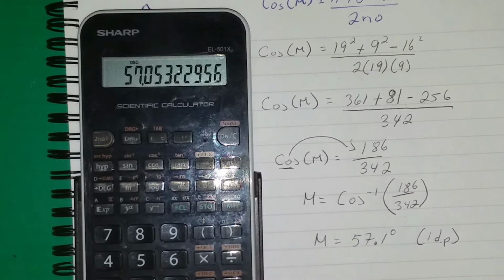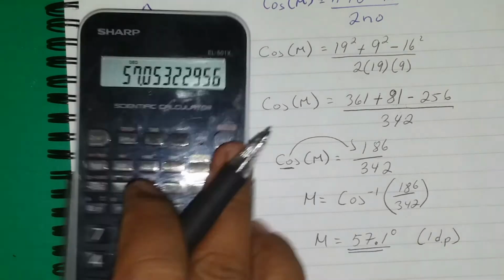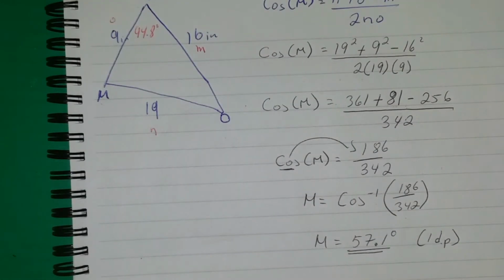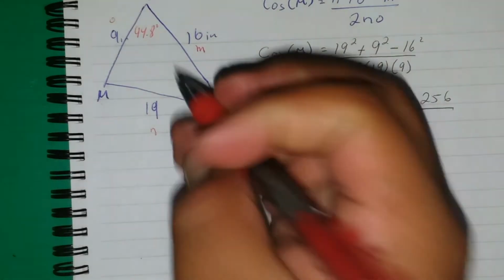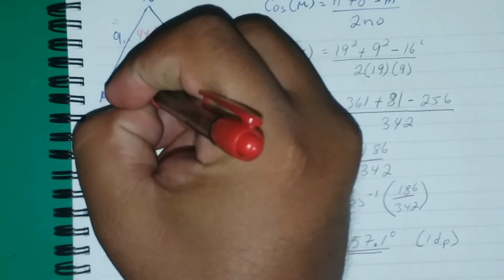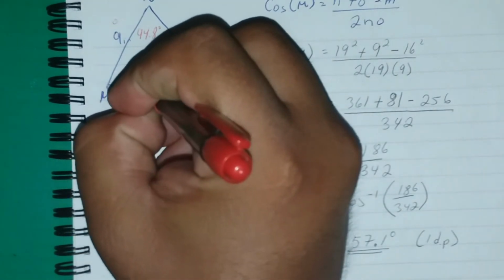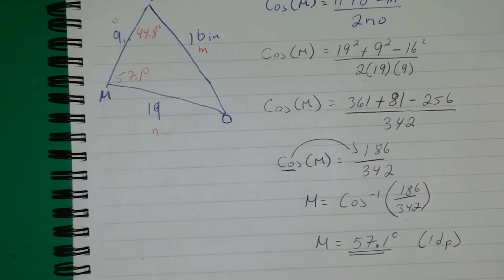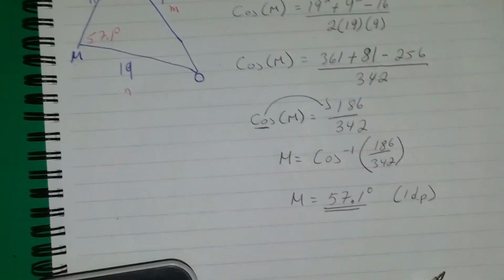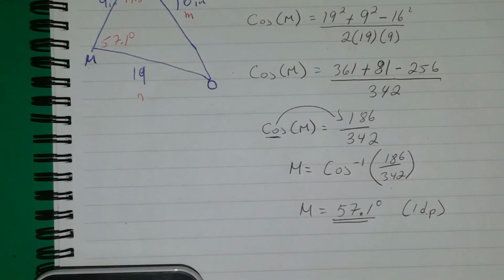If it doesn't give you, you round it off to 1 decimal place or 2. Right? So that is what we have. Angle m, we know, is going to be 57.1 degrees.